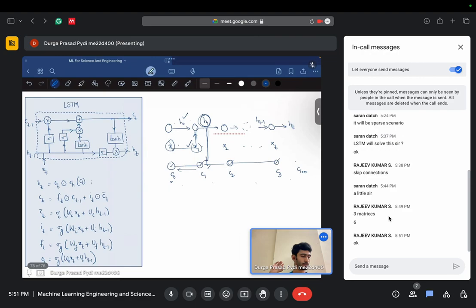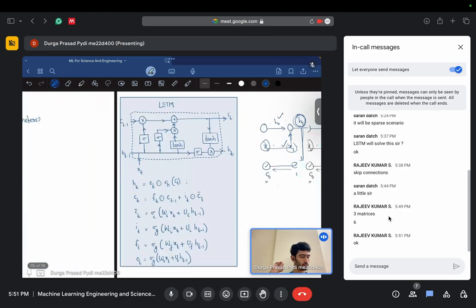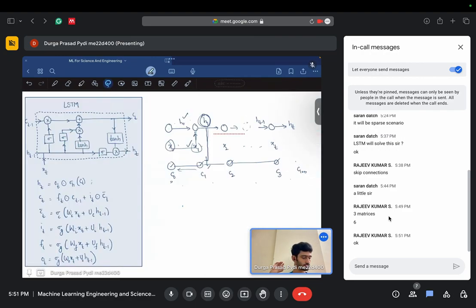Now coming to LSTM, how many would you think it has? By now it is kind of straightforward. You just have to sum up all of these. You have an input gate, for which you have two matrices, then an output gate, again two matrices, and then a forget gate.